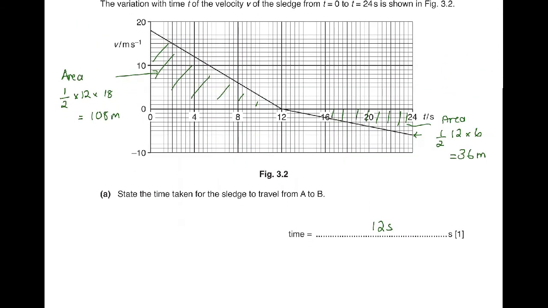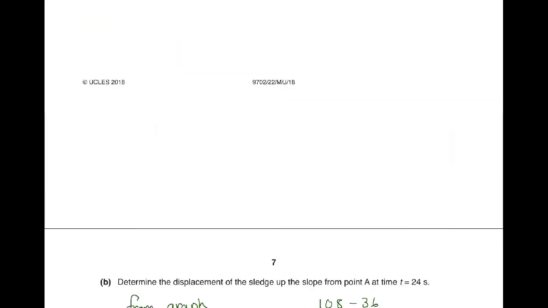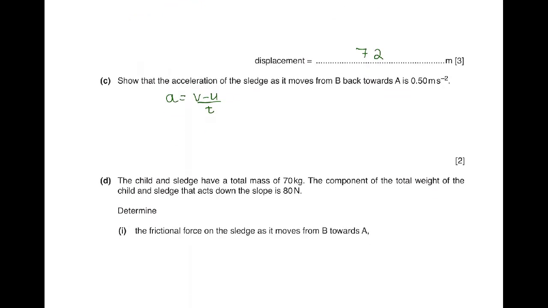Well, the initial speed is 0. The final is 6 or -6 here. And the time taken is 12. So what did we say? Our final speed is 6. Our initial speed was 0. Time taken is 12, which does indeed give 0.5 meters per second squared.